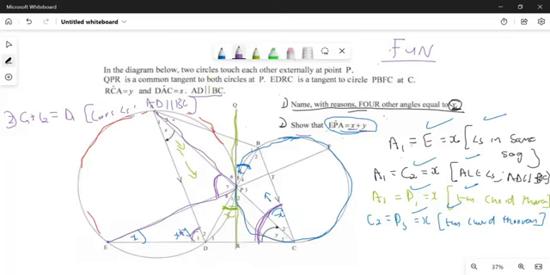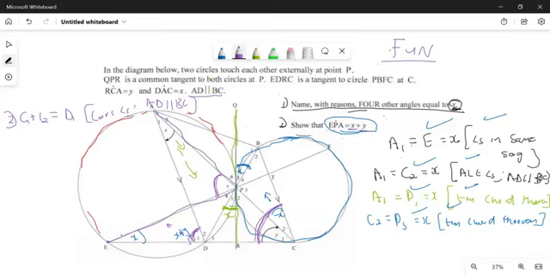Now we are in the red circle. As soon as we jumped here, we got into the red circle. As soon as you get a new angle, always check who's creating this angle that you just created. So who's creating angle D1? It's AE.